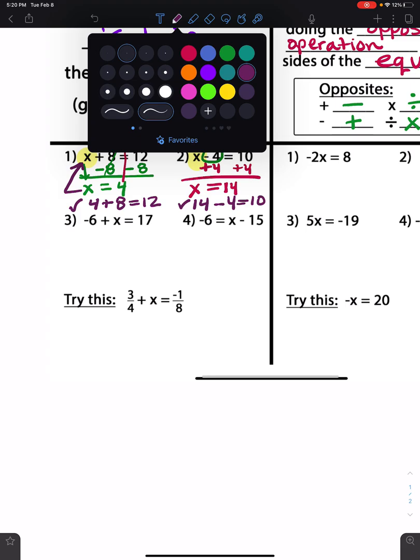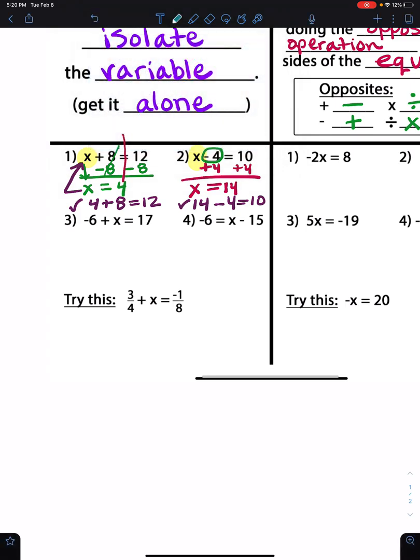I mean, why not? Okay, so over here we're going to find the variable. Here it is. Ask ourselves what's happening to the variable. We're adding negative 6. Well, I could subtract negative 6. That would be the opposite of adding negative 6. What does subtracting negative 6 look like? It's really just adding 6, anytime you have the double negative, right?